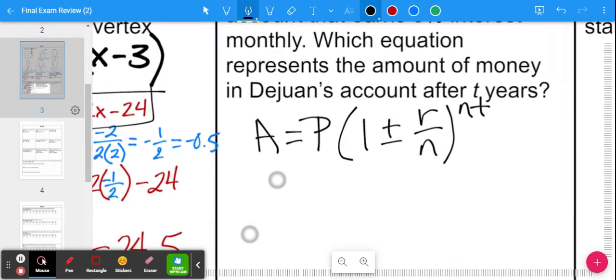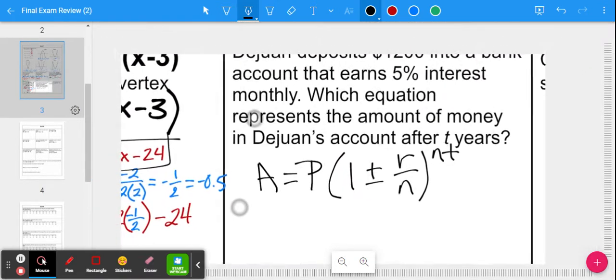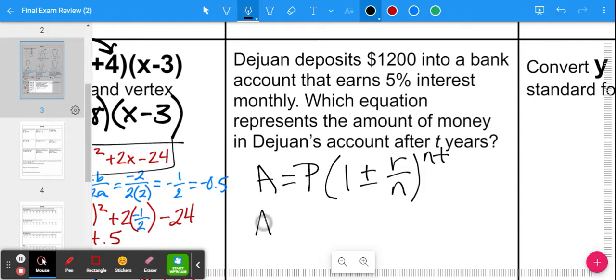So when we plug in everything we know, remember P is your principal, your initial amount. So our principal in this is that $1,200 deposit. The 1 just represents that you get to keep 100% of your money, and we are earning 5%. So 5% as a decimal is 0.05.